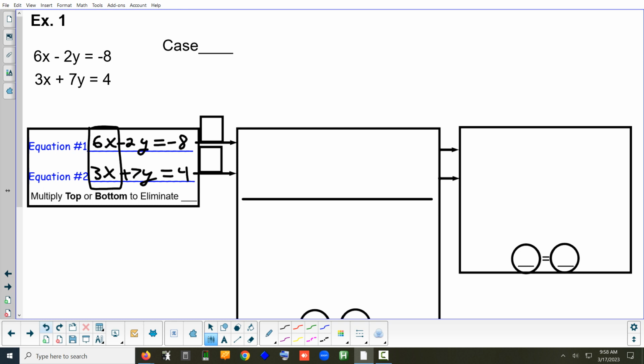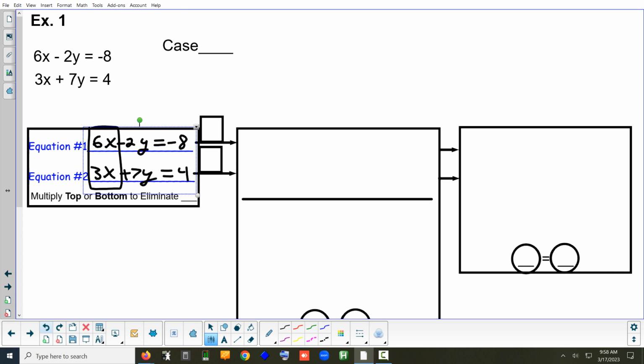Look at the smaller number. Is there something you can multiply 3 by to get 6? Yeah. So we can multiply this by something to get that. So this is the column we want to focus on. We have a 6x in the top.